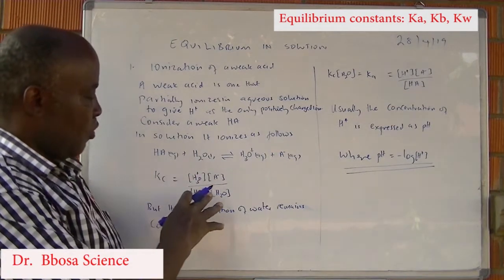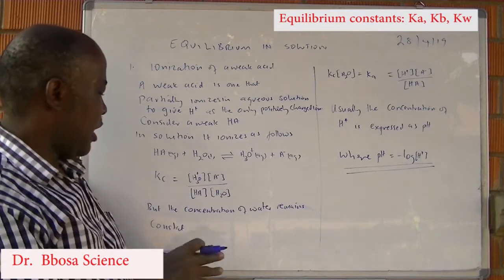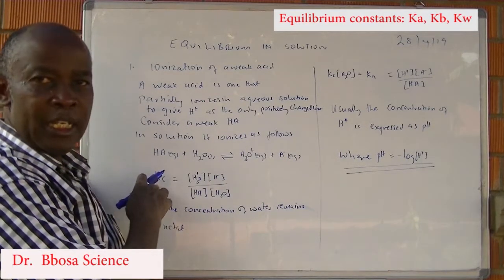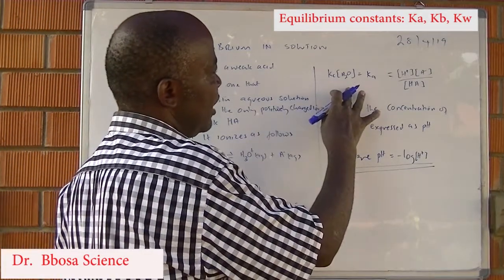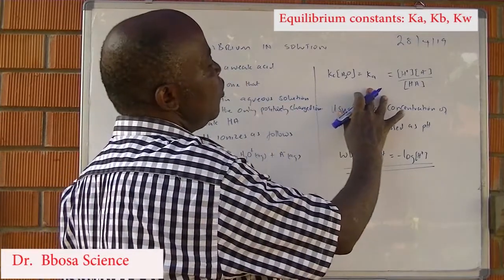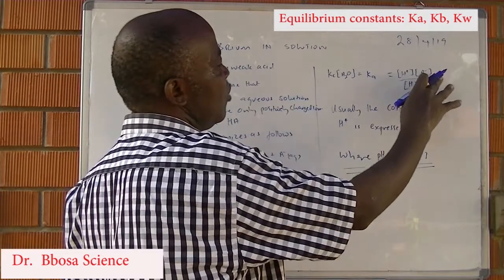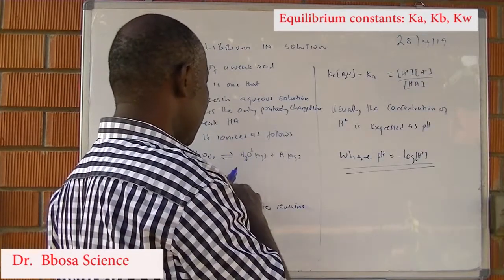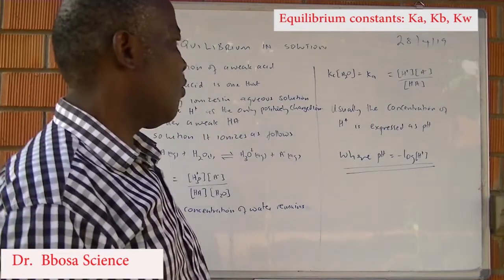But the concentration of water is almost constant. So it can be incorporated into Kc, that Kc times the concentration of water is given another constant Ka, which is equal to concentration of hydrogen ions into concentration of negatively charged ions over the concentration of the acid.